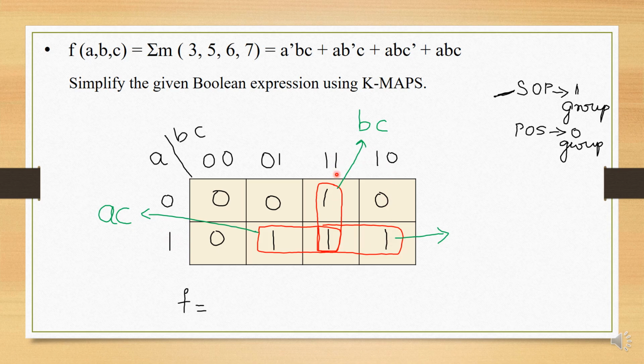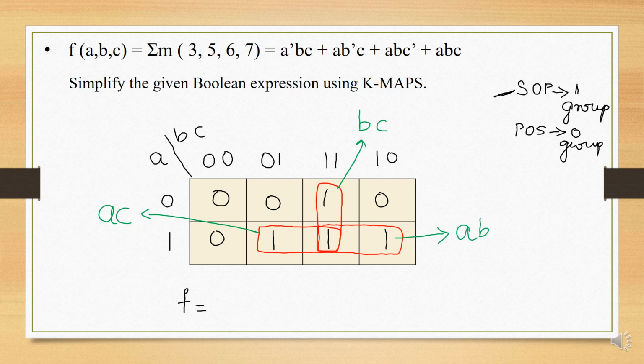When you consider the values under the columns with respect to B, C variables, which variable has a constant value? The B variable has a constant value of 1, right? The C value is changing, so you can neglect the C variable. So the product term for this particular pair is AB.